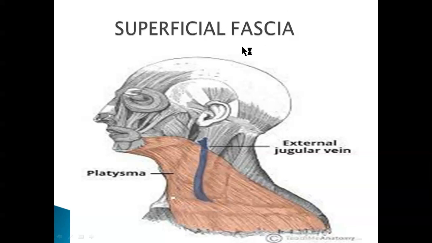All right, so we have covered the superficial fascia. We are supposed to know we have the platysma muscle and the external jugular vein (EJV). These are the few points of the superficial fascia. After that, below the superficial fascia, we will have deep fascia, which we will discuss in detail.